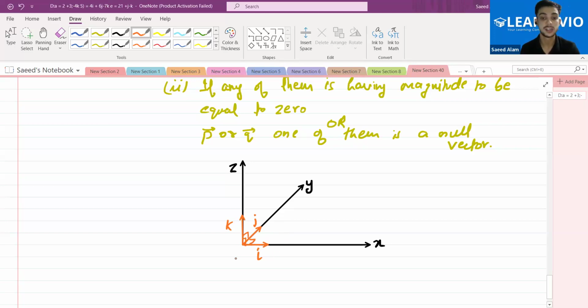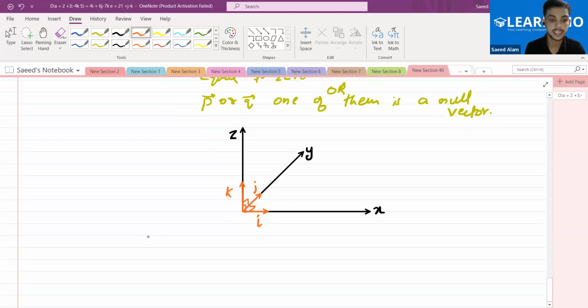So what we can say about I, J, K is that they are mutually perpendicular. Mutually perpendicular means one of them is perpendicular to the other two. For example, if I'm talking about I, it is perpendicular to J and K. If I'm talking about J, it is perpendicular to I and K. If I'm talking about K, it is perpendicular to I and J. So this is what we mean by mutually perpendicular.